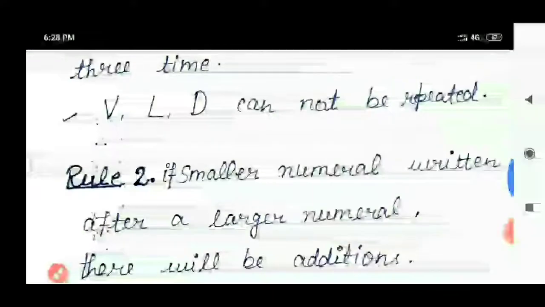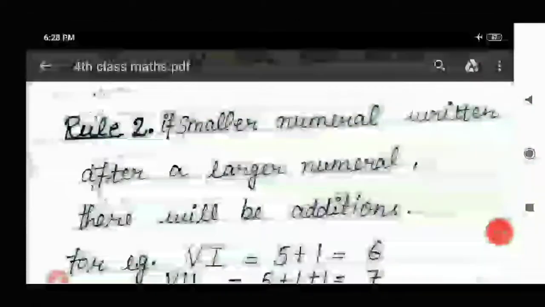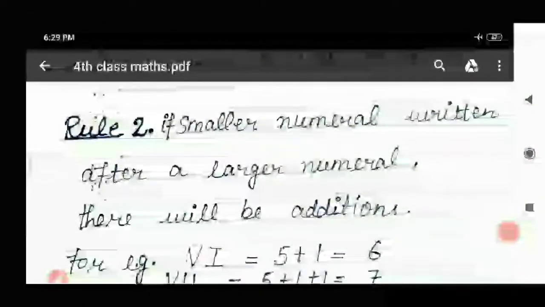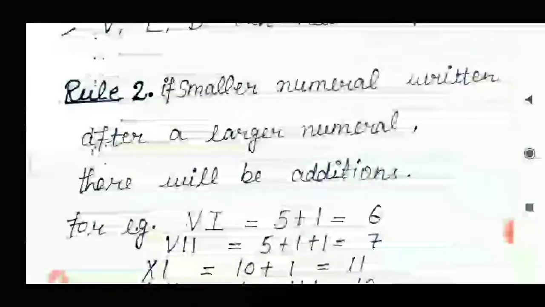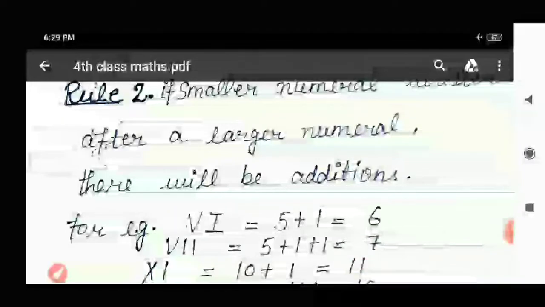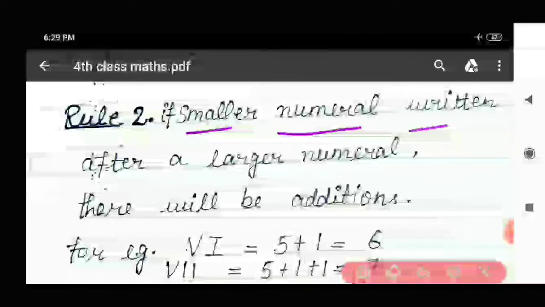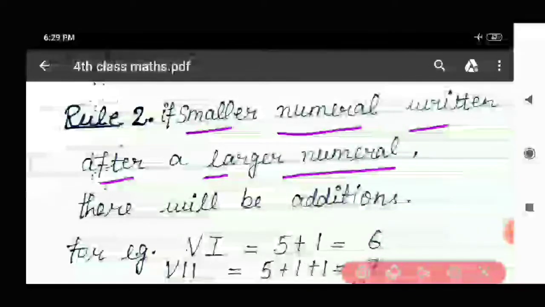Next, rule number 2. Here you can see rule number 2 is given. If a smaller numeral is written after a larger numeral, then there will be what?